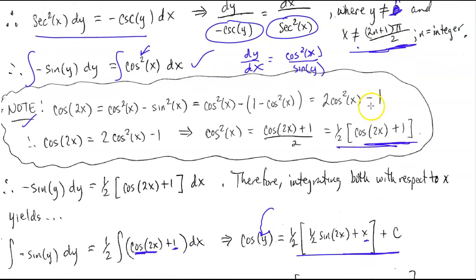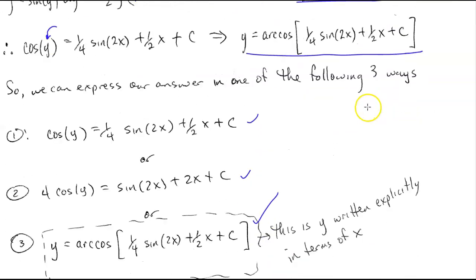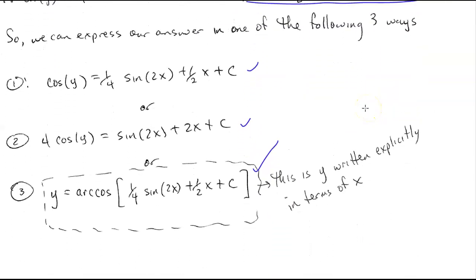So that still holds. So when we come down here, we want to make sure that, of course, y is not going to be integer multiples of pi, and x is not going to be odd integer multiples of pi over 2.